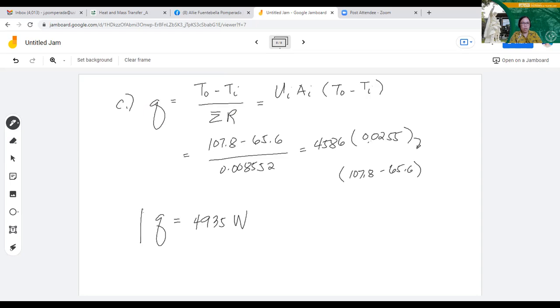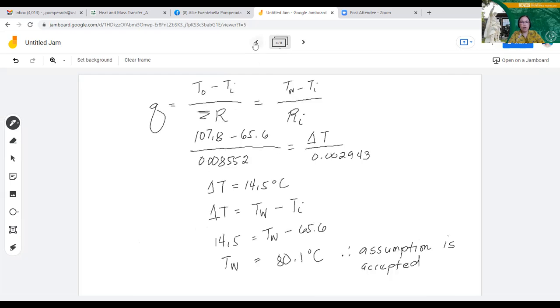So this is our answer for the third requirement in the problem. For the heat transfer rate, that would be 4,935 watts.